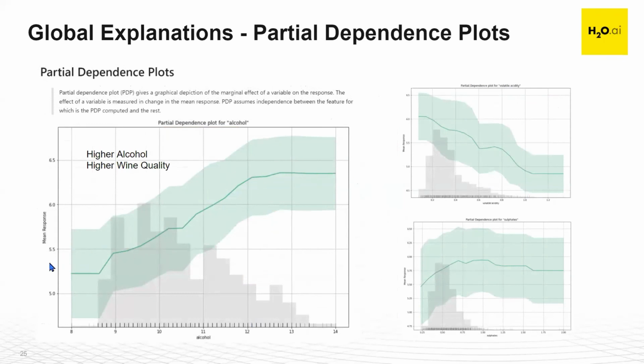This is good because you have two different plots, or you can look at the same thing from two different angles, to tell you the same kind of findings from this model. So you can tell people that this model, the XGBoost here, is doing this: when you have a higher alcohol value, it will give you higher wine quality in general.